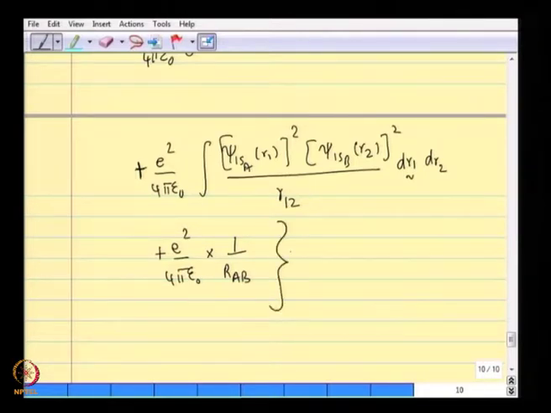So the whole thing is called the J or Coulombic integral.